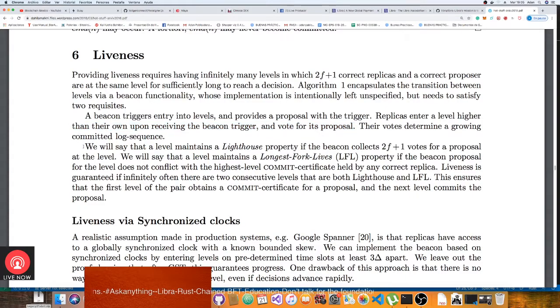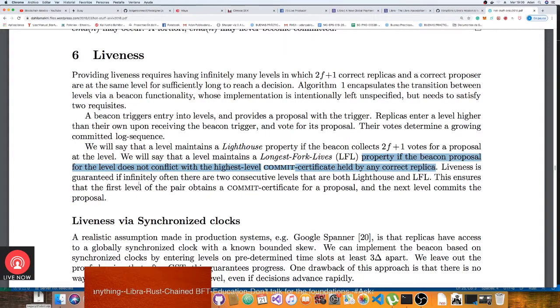We saw that a level maintains a longest lifeline property if a beacon collects 2f+1 votes for a proposal in the level. We will say that a level maintains a longest lifeline, that is called LFL, properly if the beacon proposal for the level does not conflict with the highest level commit certificate held by any correct replica.